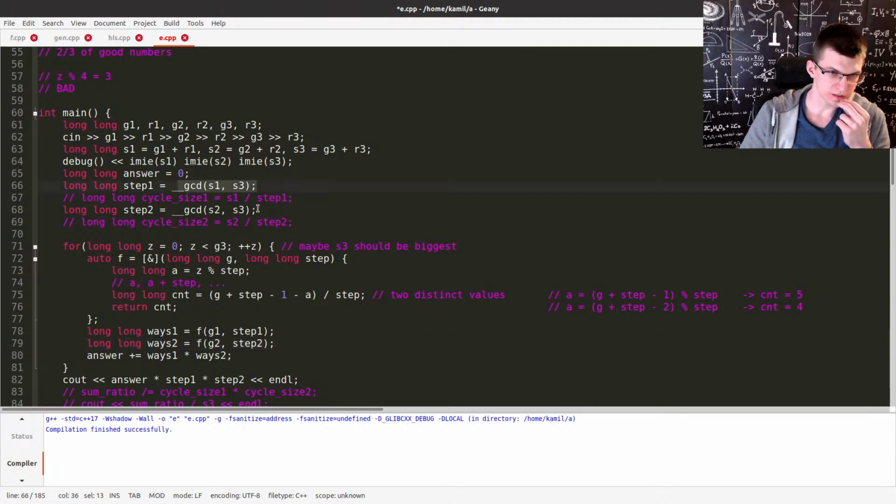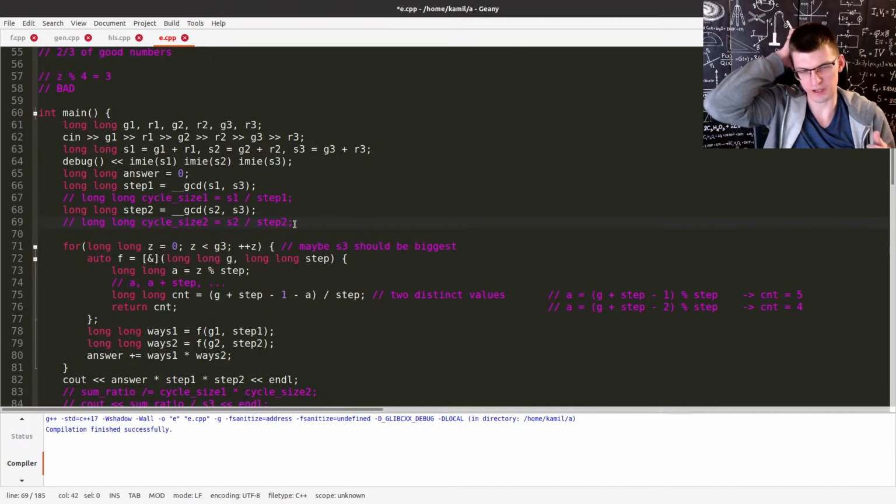So modulo this cycle and modulo this cycle. Then this product can have only 2 different values. I think we got down to a problem with 2 lights, kind of.